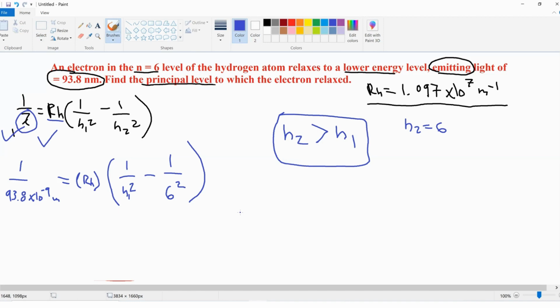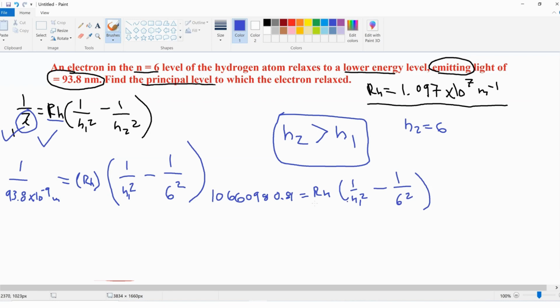So let's do the left side of the equation. So 1 over 93.8 e to the minus 9. We get a really large number. I'm just going to write it down so you can see what I'm doing step by step. We have R_H here, we have 6 squared.